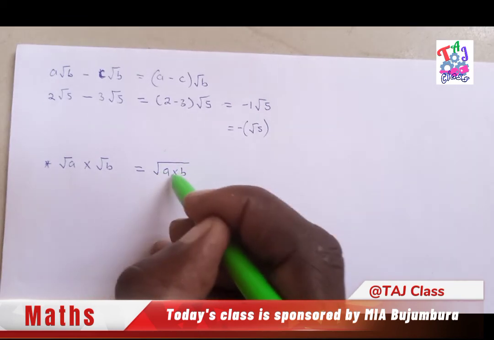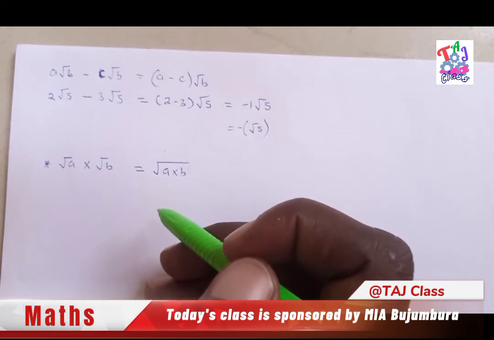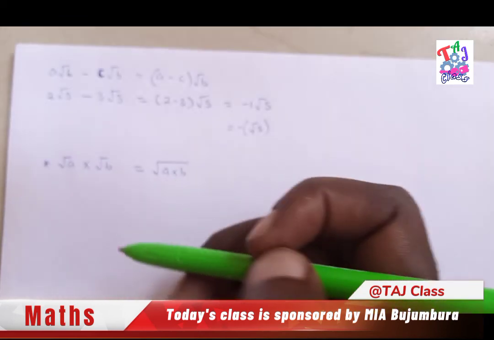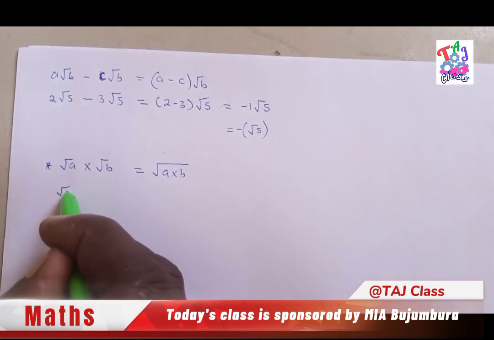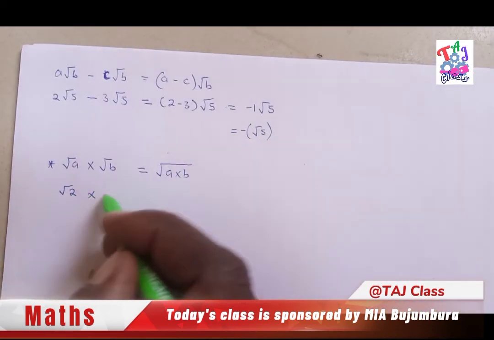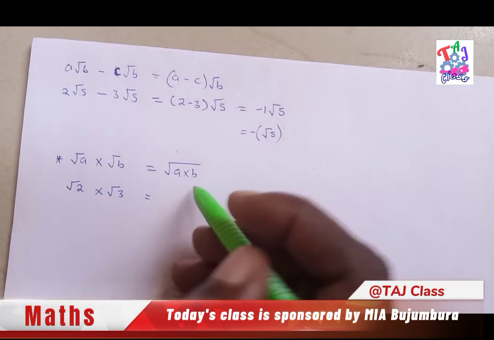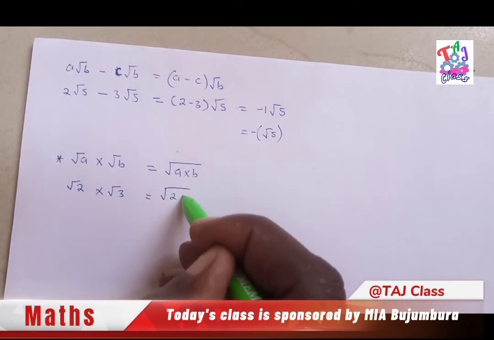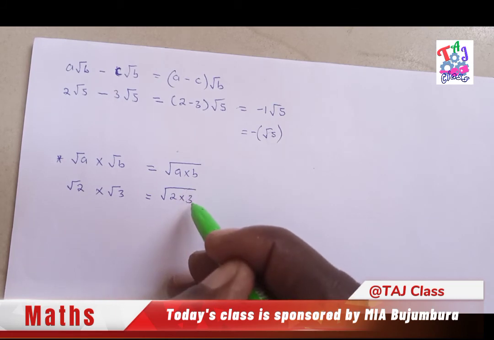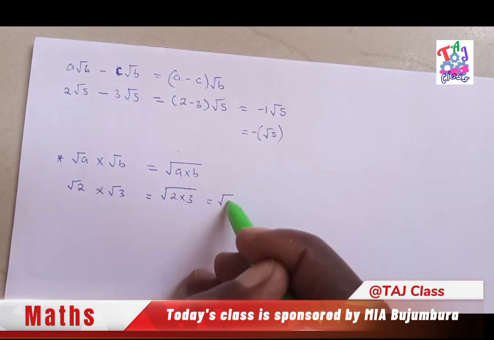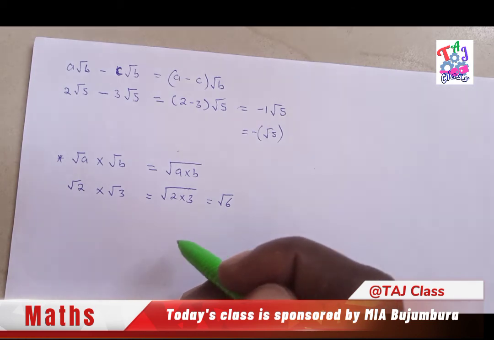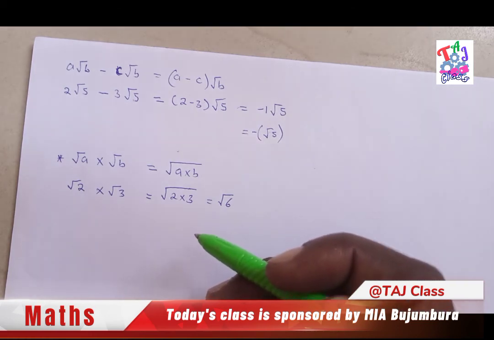You put them all together under the root. So that is, say, if you have the square root of 2 times the square root of 3, this will be the same as the square root of 2 times 3, which is the square root of 6. That is how multiplication goes.